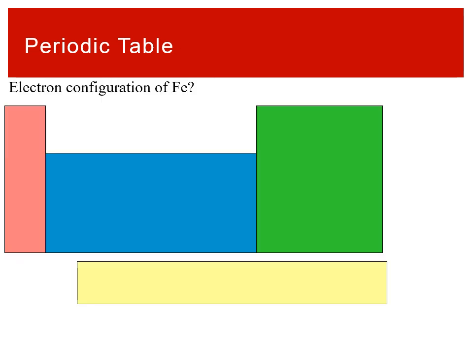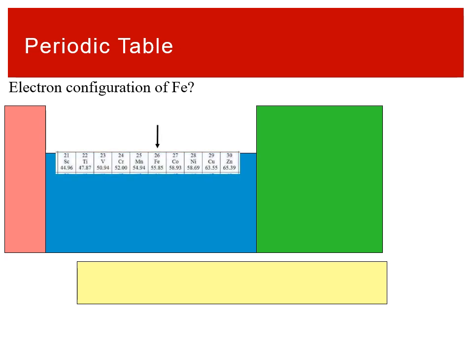We can also use it to figure out, say, the electron configuration of iron. Doing Aufbau, we would start with 1s2, 2s2, and go through that process, but we can also start at the other end. Based on where iron is in the periodic table, we can predict what the highest energy subshell is.